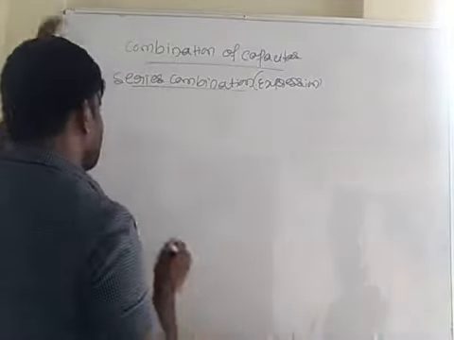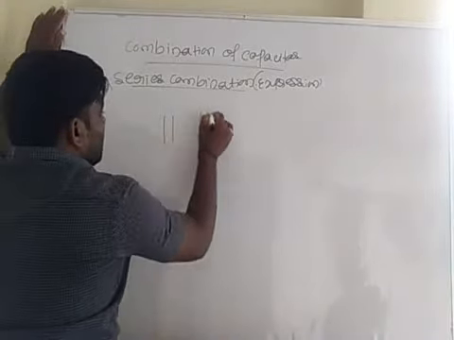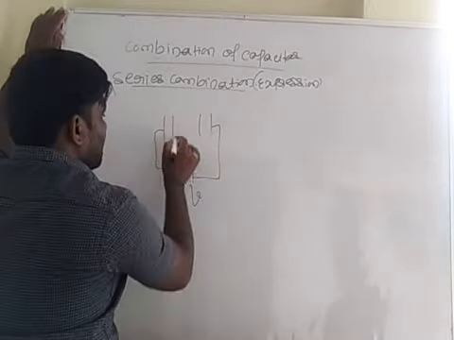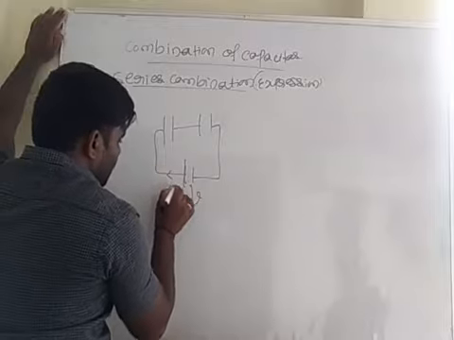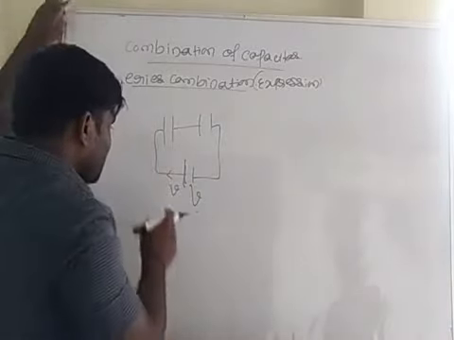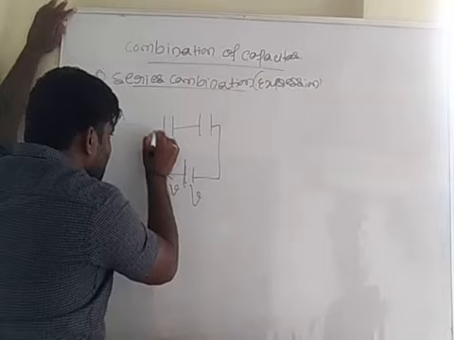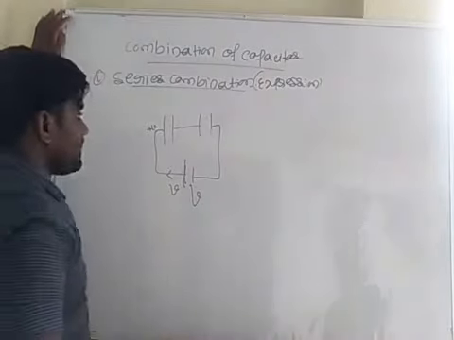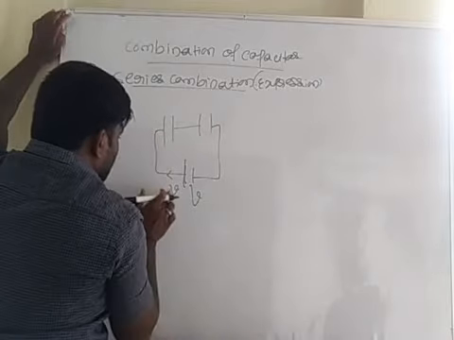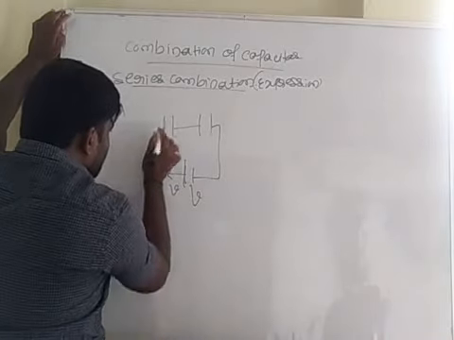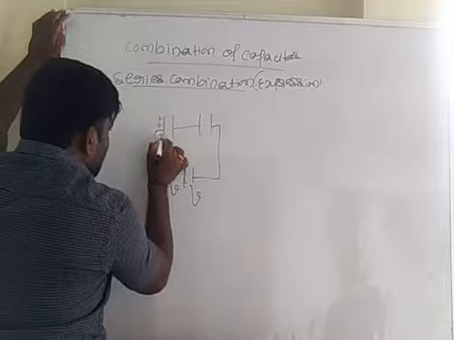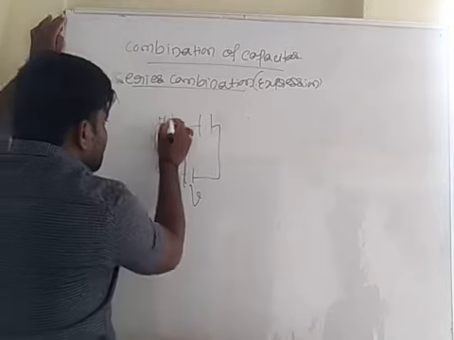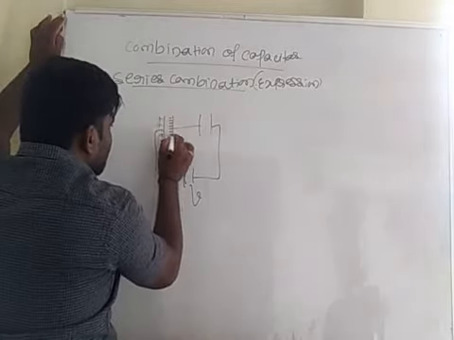See here, I am taking two capacitors connected with a battery V. When the voltage V comes at this point, this capacitor accumulates plus charges, then this plate gets negative.